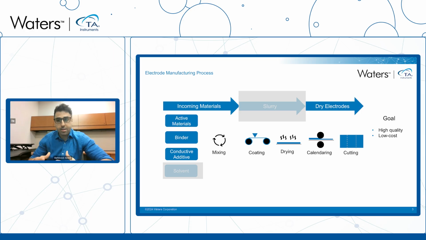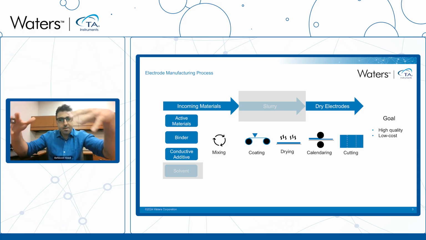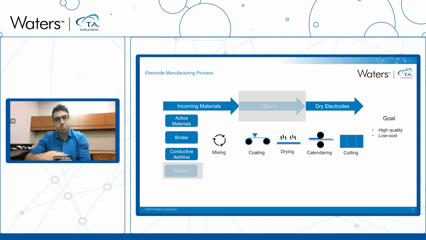Then we need a binder to hold this active material and conductive additive together. In the traditional way, we need a solvent to dissolve this binder and make a slurry, then you coat the slurry, then you dry it, then you calender it, and you have the electrode.